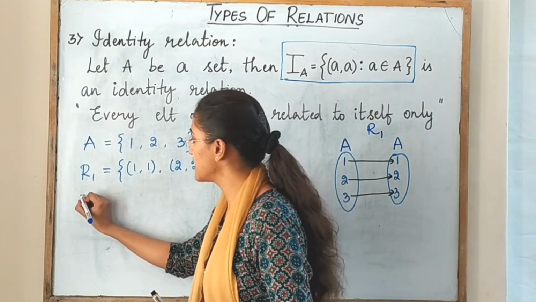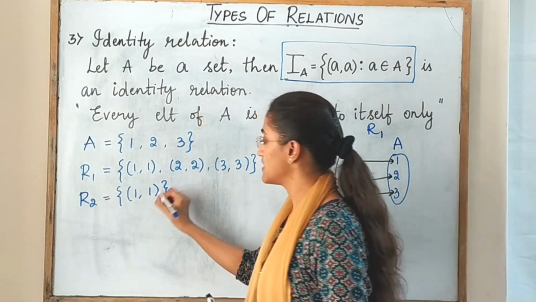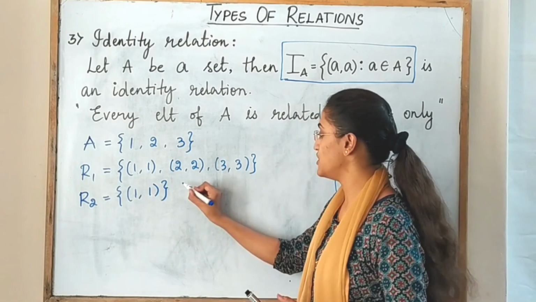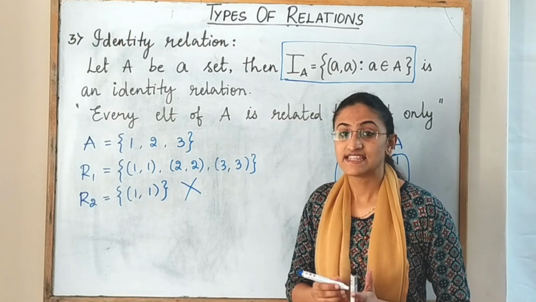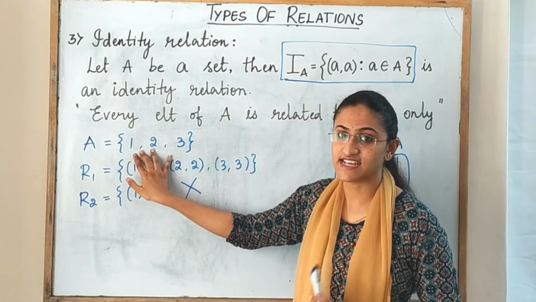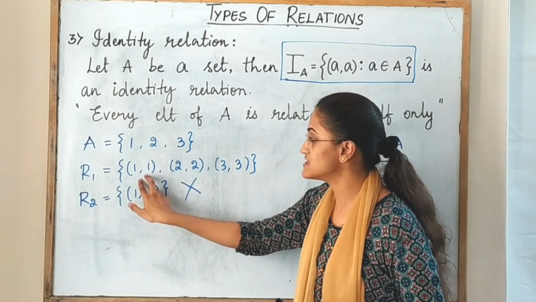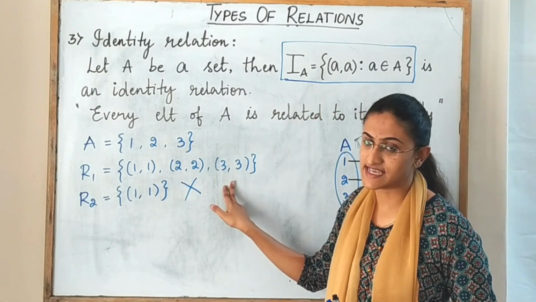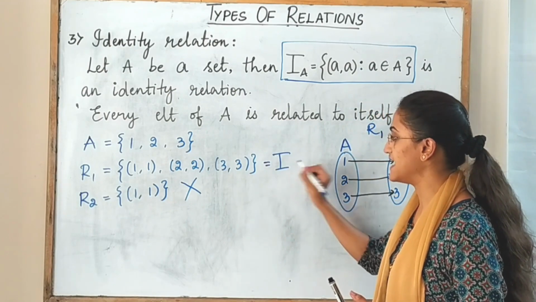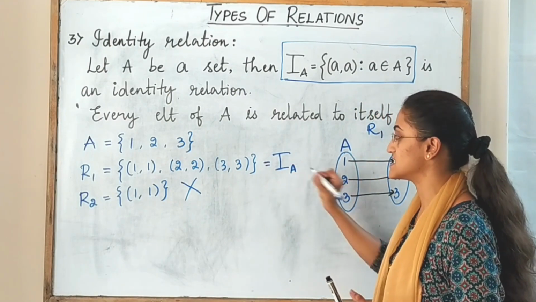Now if I have a relation of this sort, is this an identity relation? The answer is no. Because the condition is, if you have 3 elements in the set A, all the 3 elements should be related to itself. Only then can you call the relation the identity relation on the set A.